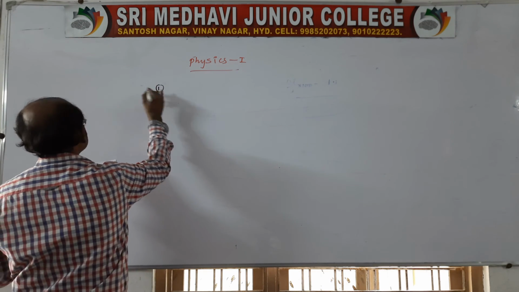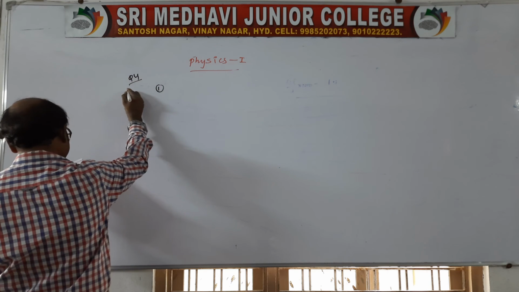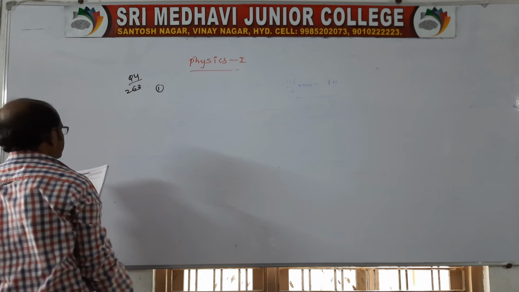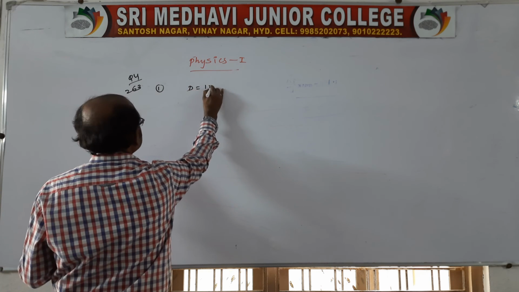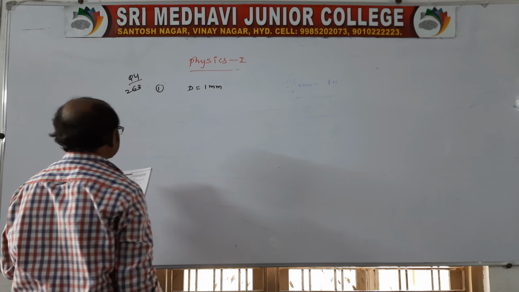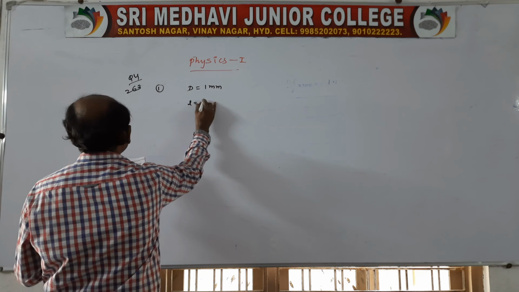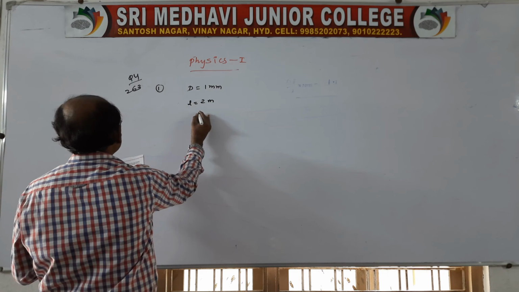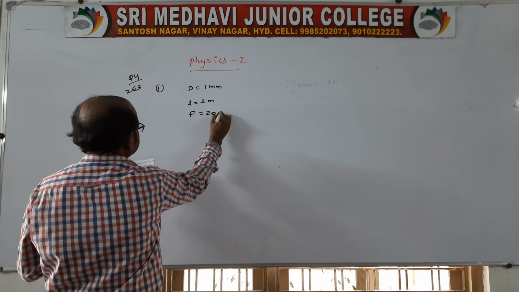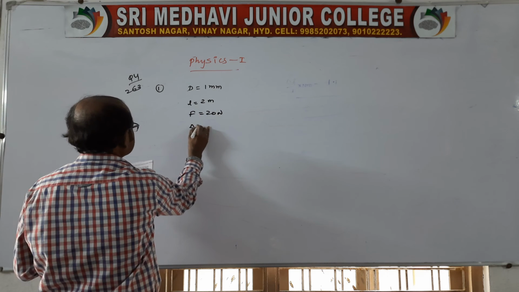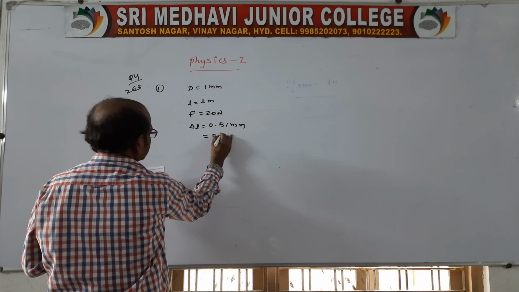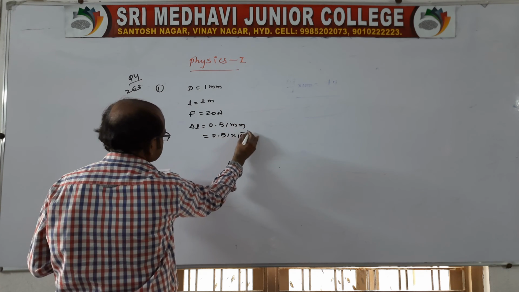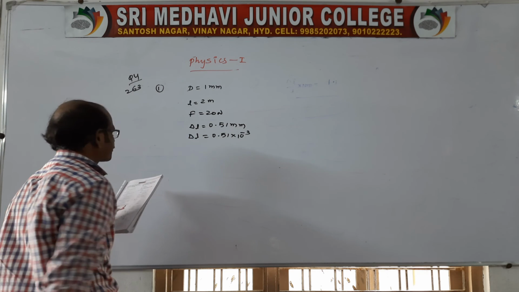Write the given data: diameter is 1 mm, length of the wire is 2 meter, force is 20 Newton, and the increase in length is 0.51 mm, that is 0.51 into 10 power minus 3, delta L.